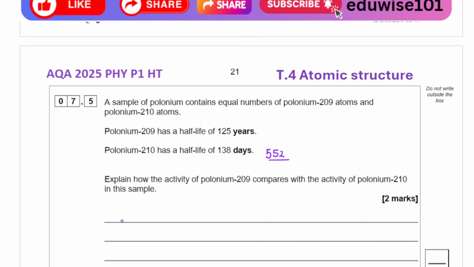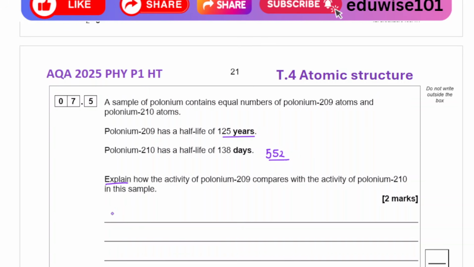So, right, let me focus back on the question. Explain how the activity compares. Now, polonium-210 has a half-life of 138 days. That means it has a higher activity than polonium-209 because it's decaying really quickly.